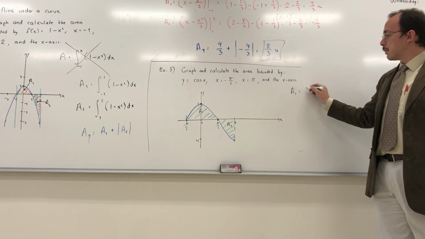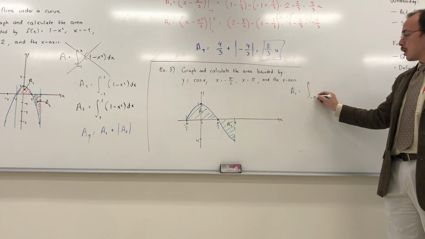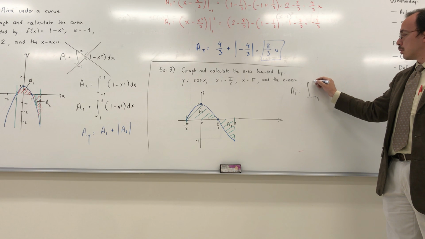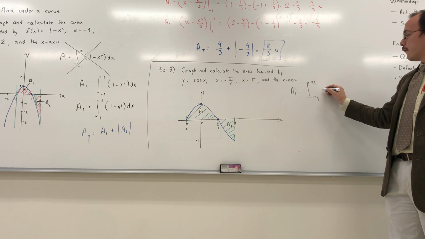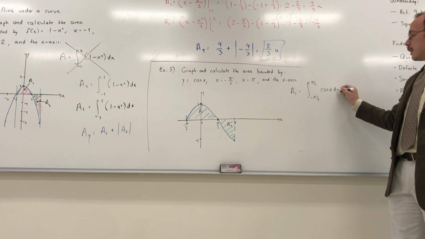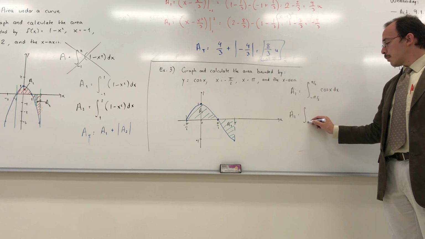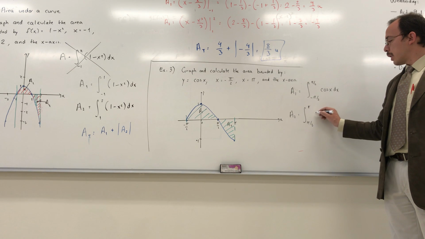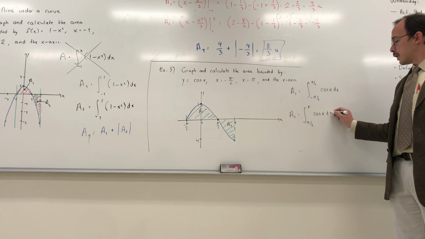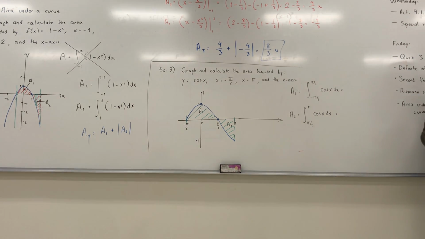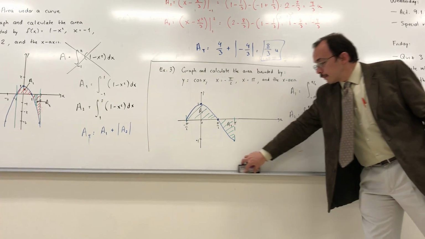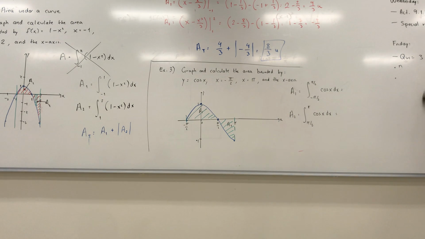Area 1 is given by the integral from minus pi over 2 to pi over 2 of cosine of x dx, and the second one from pi over 2 to pi of cosine of x dx. Okay? Integral of cosine? Positive or negative? Positive, yeah.